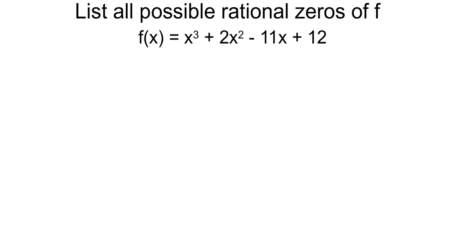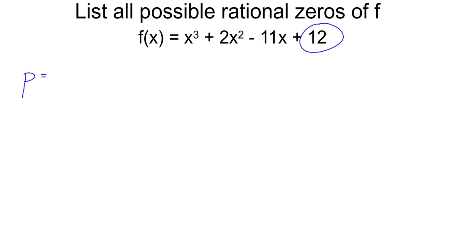So in order to find out where the rational zeros are going to be, we have to use the rational zero theorem. We have to look at my p's and my q's. My p's are going to be all the factors of the constant, 12.